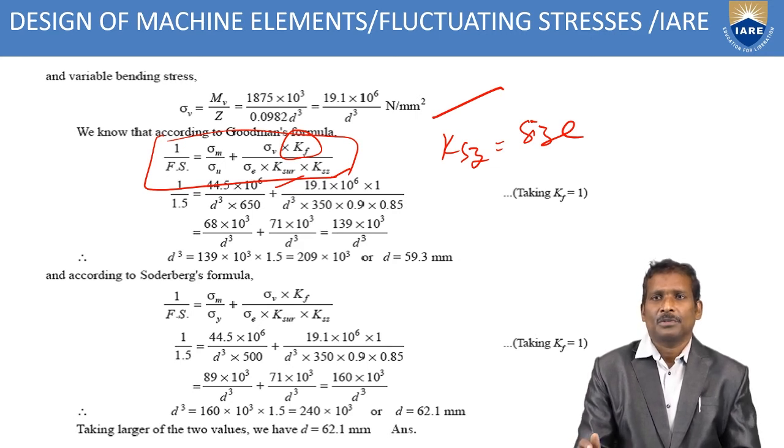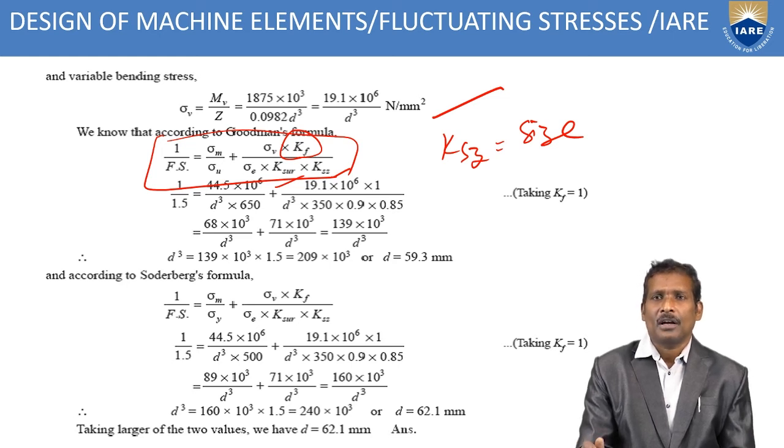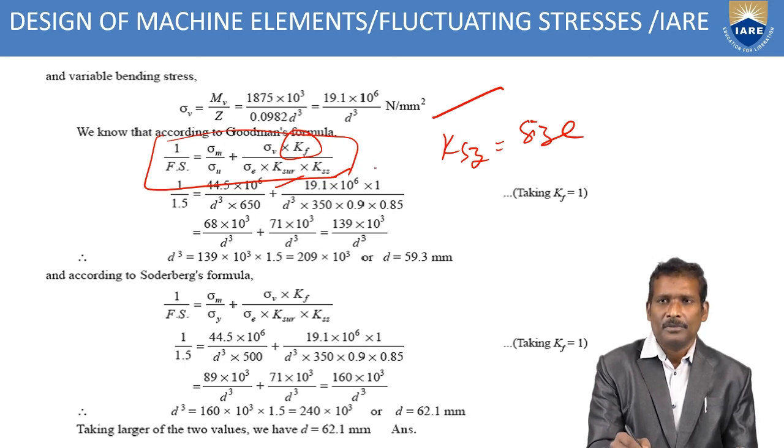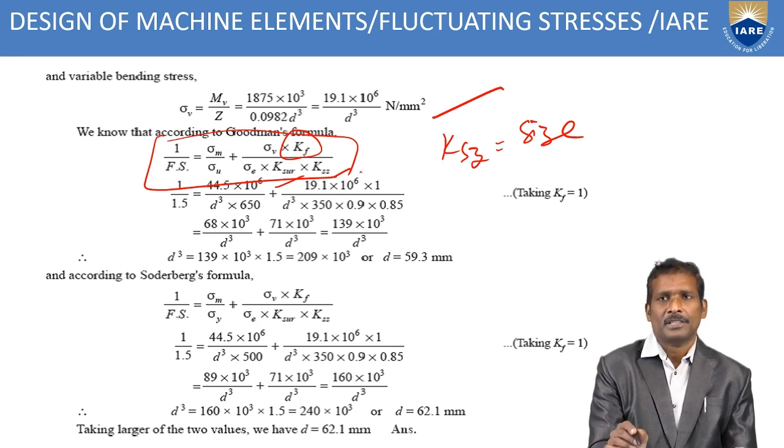If the surface factor values are not mentioned, and you are not considering any stress concentration value, in that case there is no need to multiply these factors. Clear? So here they are given. That's why I have multiplied this Kf factor, surface finish factor and size factor.